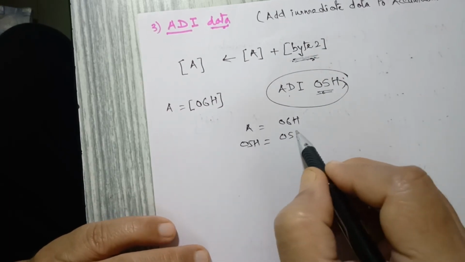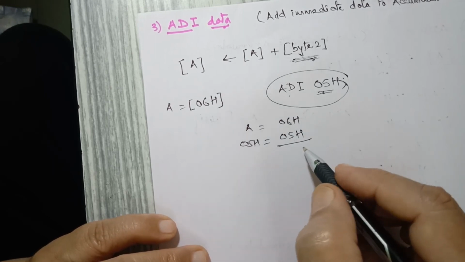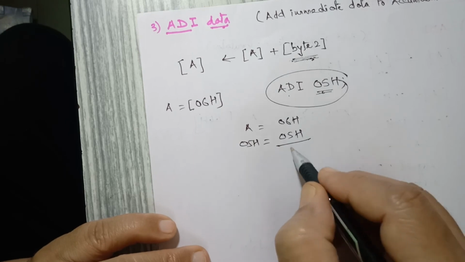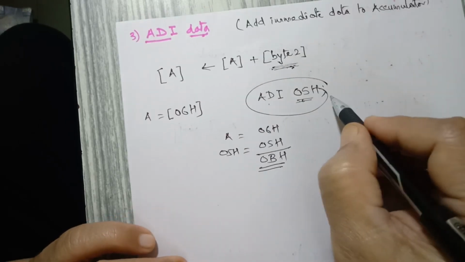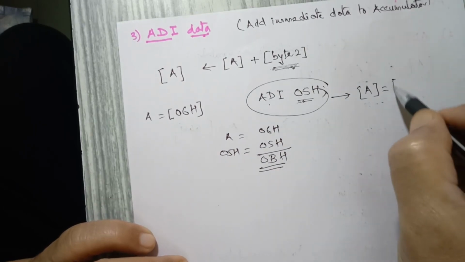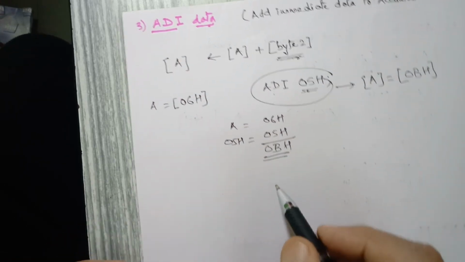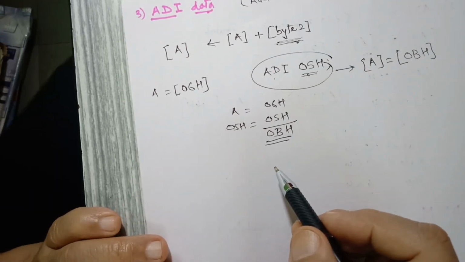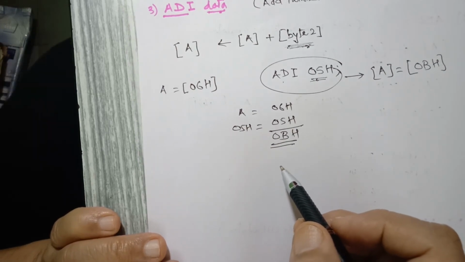So 05 hex will be added. 6 plus 5 is 11, and in hexadecimal 11 is written as B. So this is the result, and once again the result will be in the accumulator: 0B hex. This is how you can add any 8-bit number to any other 8-bit number.